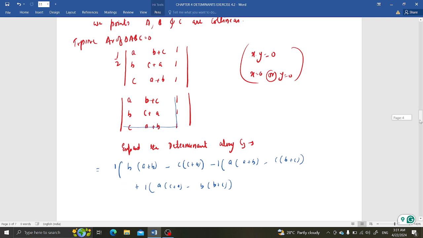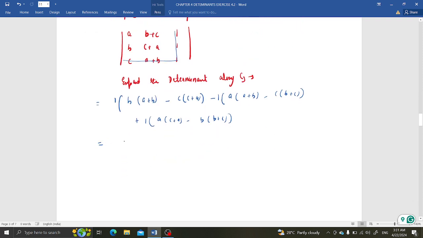Now from here we can observe that we get ba plus b square, c square minus ac. And from here, with minus outside, a square plus ab, minus bc minus c square, plus ac plus a square, minus b square minus bc. Now b square cancels, and ac and ac also cancel.